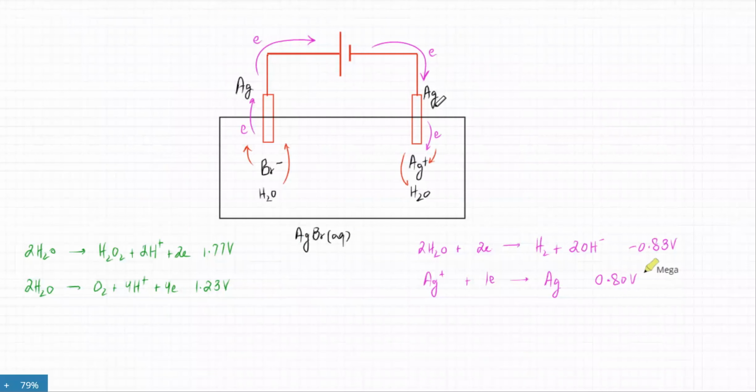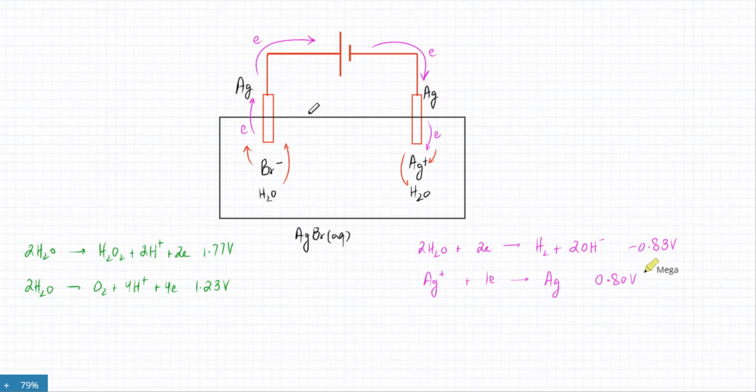So remember, if the electrode is made out of a metal, consider that as well. So you've got 3 options: either the ion or the water molecule, or the electrode. One of the 3 is going to be gaining electrons. I didn't find any equation where silver is gaining electrons, so I'm not going to write any equations for that.